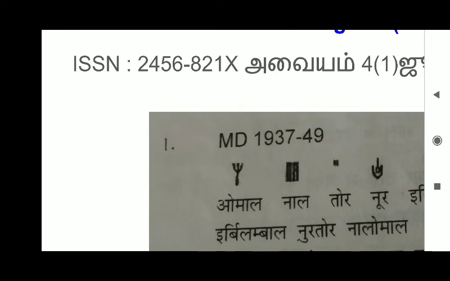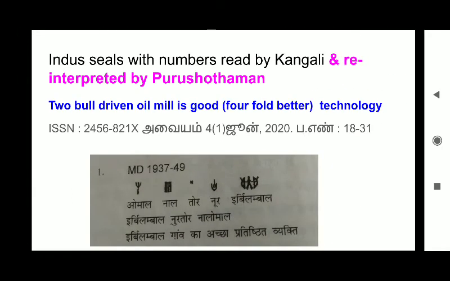Even we have a country by the name Oman. He sees this as paddy, and this we could see as Kadir crop, something like what we have in Kambu crop. And I had reinterpreted this as a possibility: a tubal-driven oil mill is good, a 4-fold better technology.